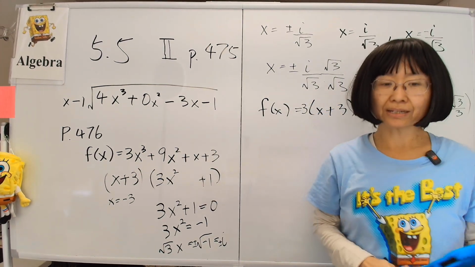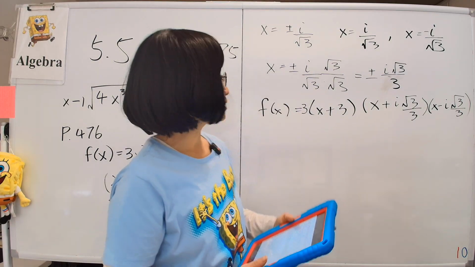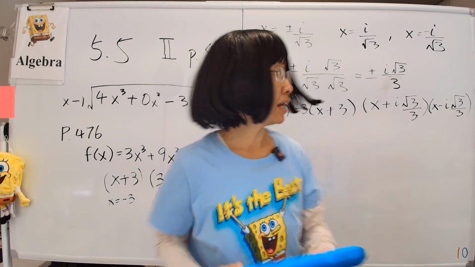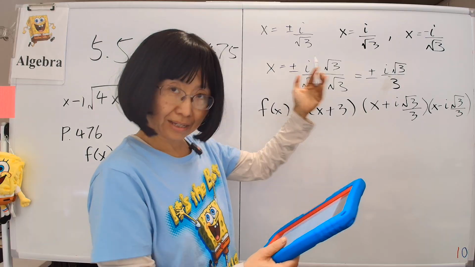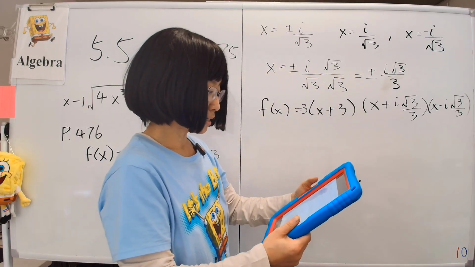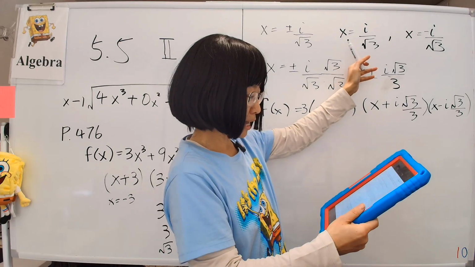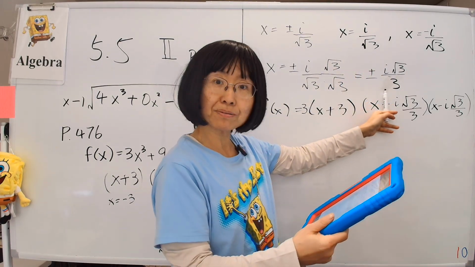Now let me check to see if I should say something else. Actually, the book doesn't even care for us to write this out, so we can ignore that for now. And just remember the roots, the zeros, they're kind of the same thing. The zeros are minus 3 from this part, and then plus or minus i square root of 3 over 3 from this part.